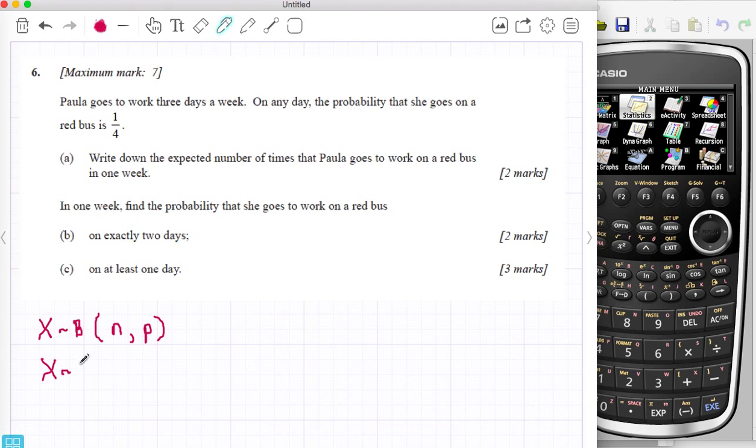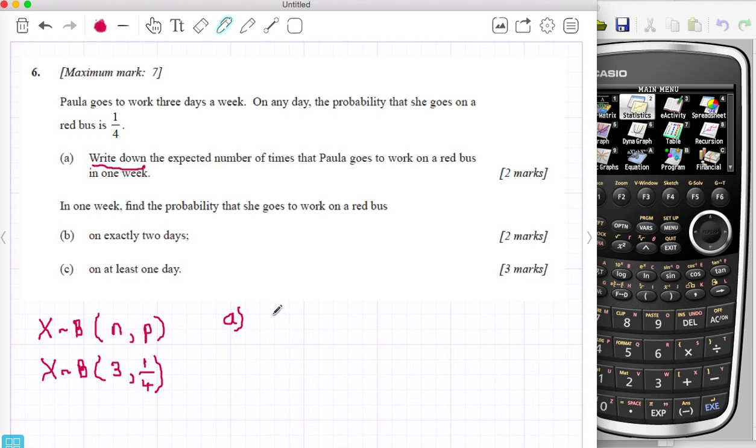So let's reread it. Paula goes to work 3 days a week, so we're doing this 3 times a week. On any day, find the probability that she goes on a red bus. So let's call this P, a quarter, the probability she goes on a red bus. Write down the expected number. This actually means it's quite a straightforward question.